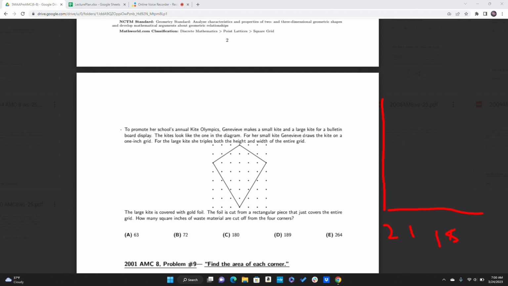And the area of her large kite that has 21 by 18, instead of a height of 2 that her small kite has, it's tripled. So we've got 6 by 3 times 6, which is, 3 times 3, which is 9. And then here has a height of 5 times 3, which is 15.